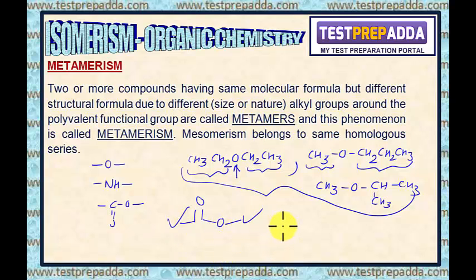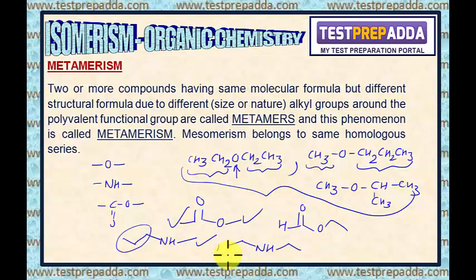Now this is the metamerism. Similarly, I can do this, like if I place NH here, you can see methyl and propyl. So now I can write ethyl and ethyl. So these two will also be considered as metamers. So this is about the metamerism.